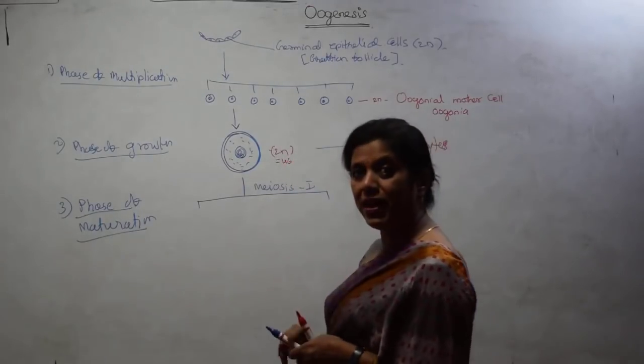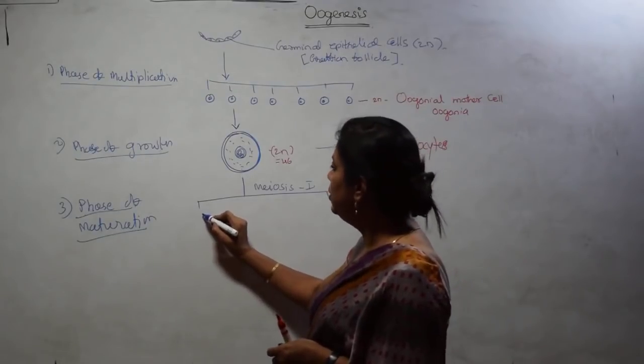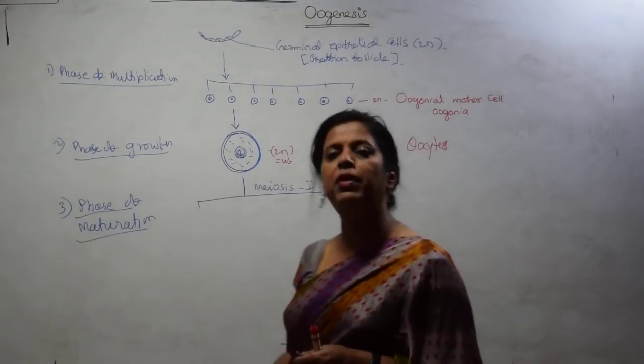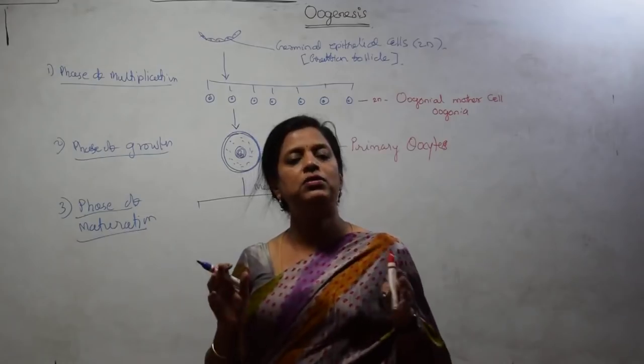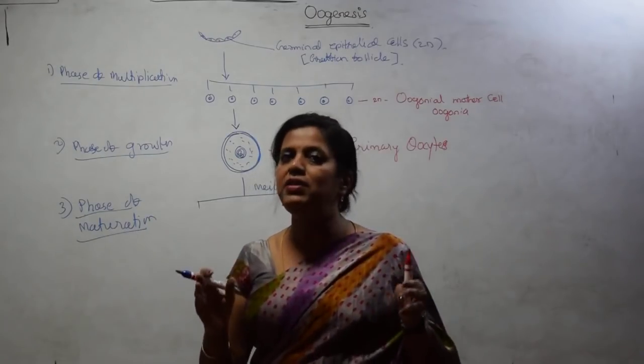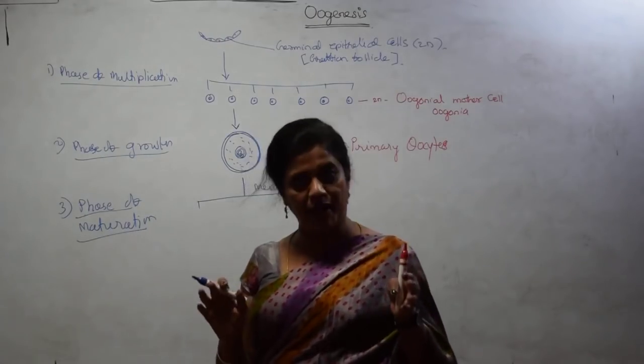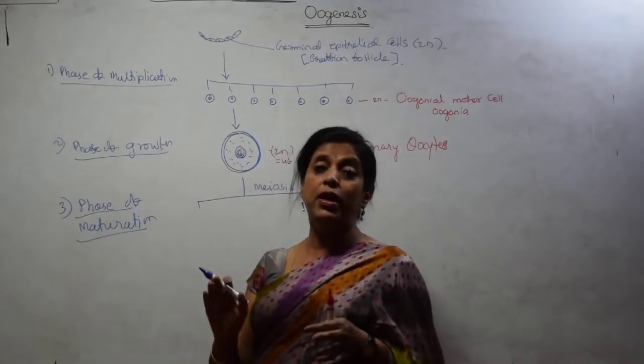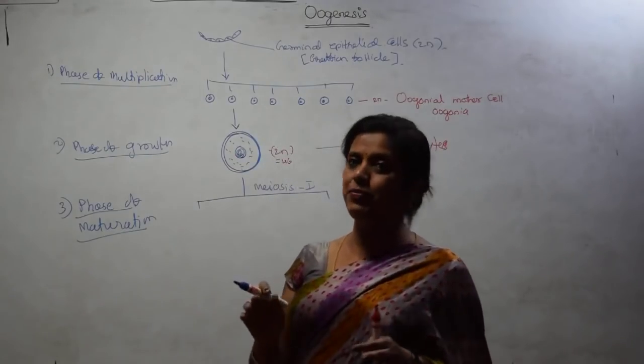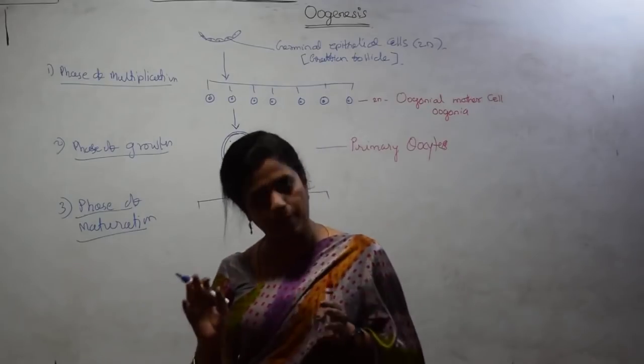But now what happens? They undergo reductional division. But remember one thing. During meiosis 1, two cells that are formed are haploid, fine. During karyokinesis, the haploid condition is brought, having two nuclei which are haploid.